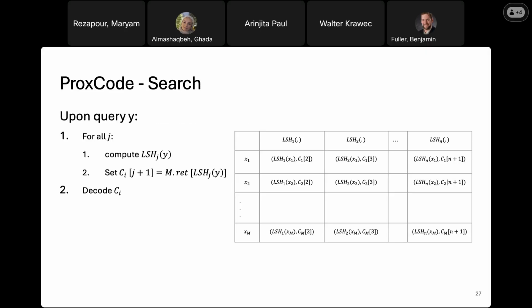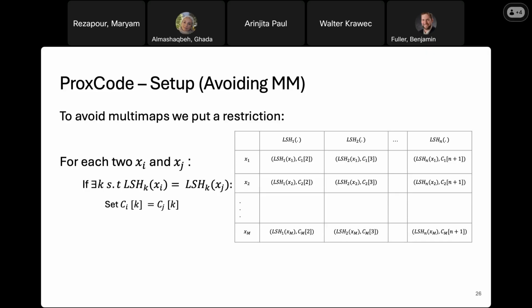So you're going to avoid a multi-map by just, whenever there's a collision, making the code word symbols be the same. So this is a constraint on the code. Yeah, we put that in the setup. So whenever we have this condition satisfied, we put Cik equal to Cjk.